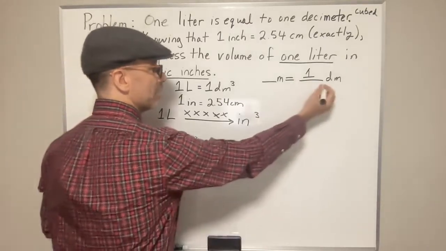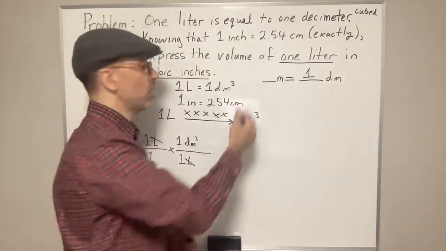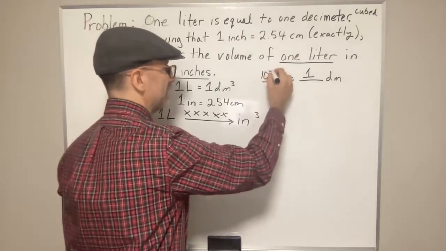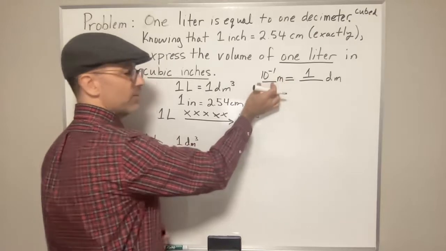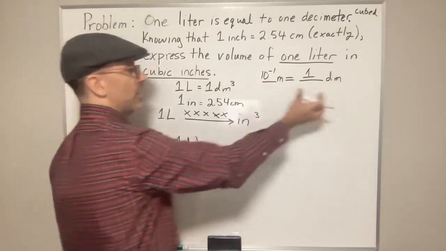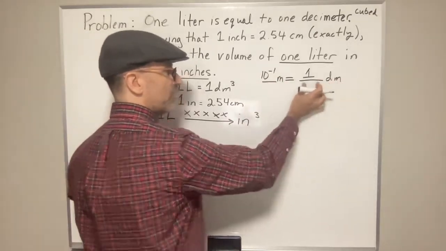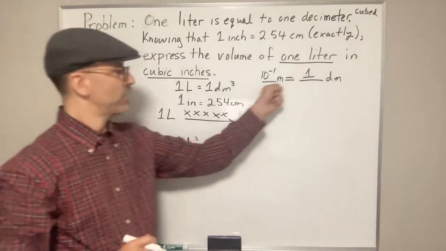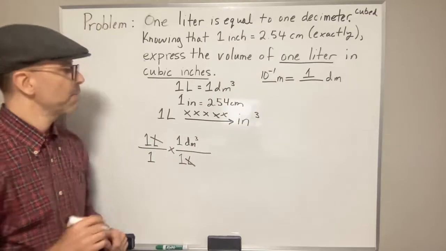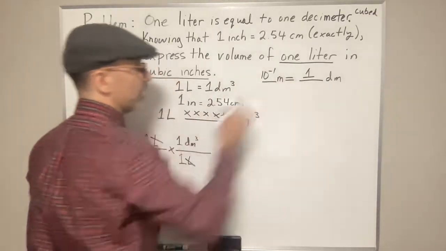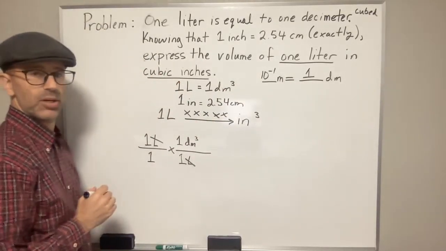So deci is 10 to the negative 1, and I'm going to put 10 to the negative 1 on this side. The base unit always gets the prefix multiplier. The prefix unit gets the 1. That way I know this equality is true, and I'm not going to make a mistake. So that's one relationship I'm going to use.